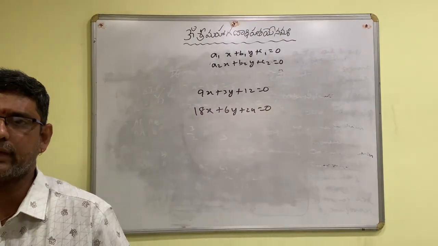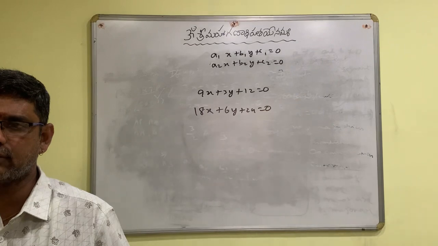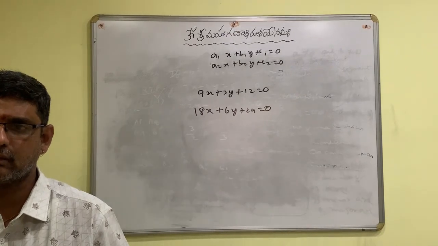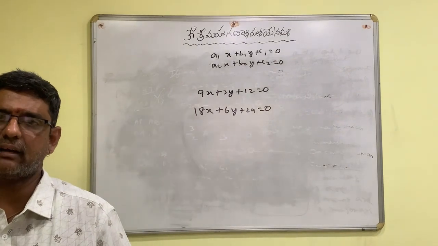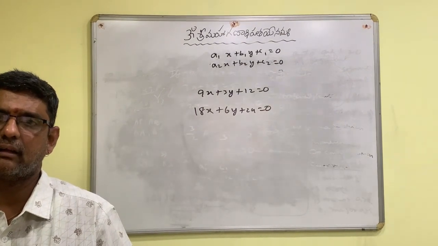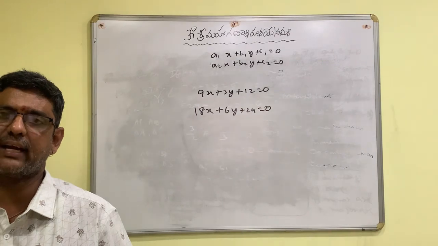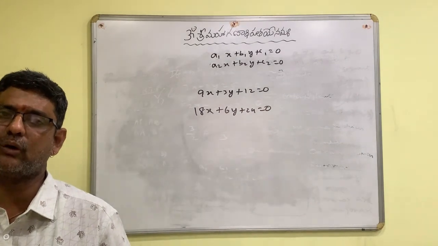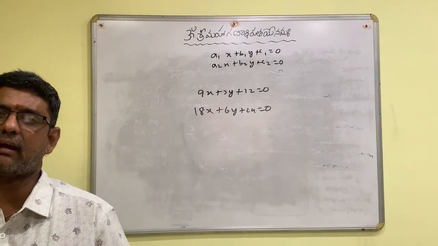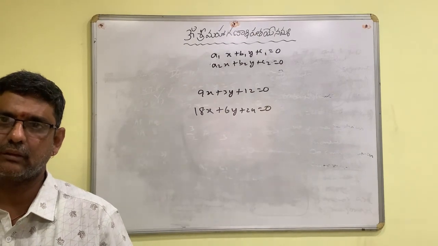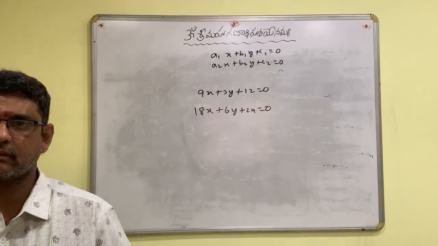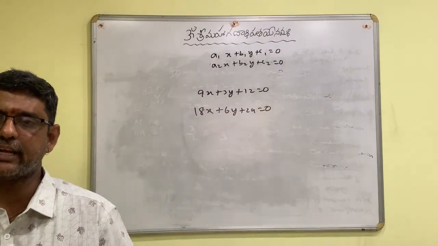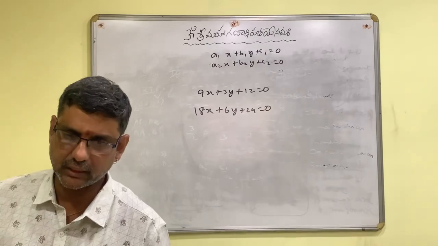So a1 by a2 equals b1 by b2 equals c1 by c2. So this pair are coincident lines. We will have an infinite number of common solutions. They will meet at an infinite number of points because all three ratios are equal.